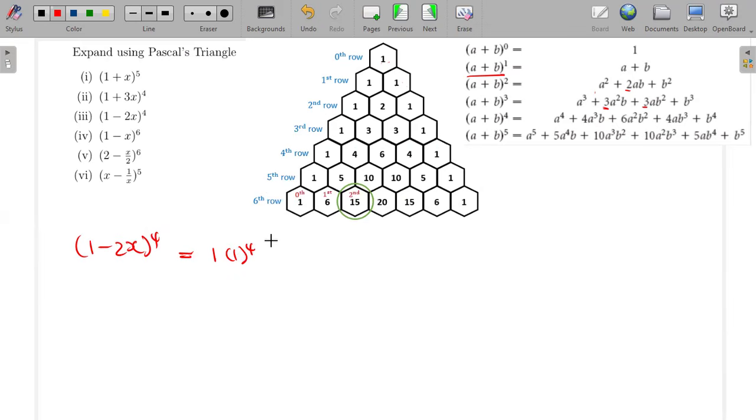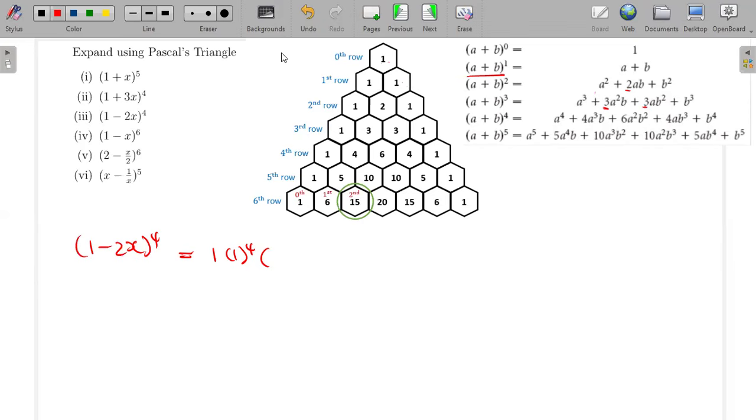And then the next one is negative 2x to the power 0, so we just leave it the way it is.